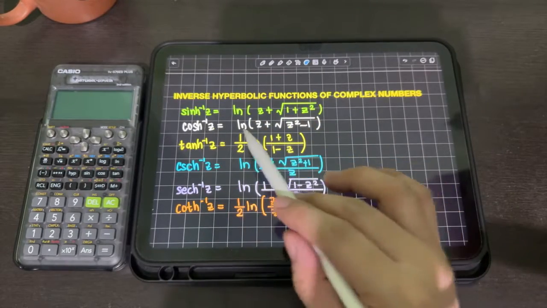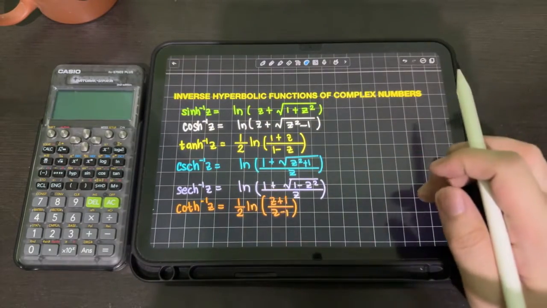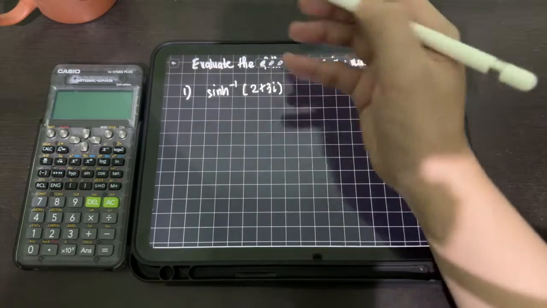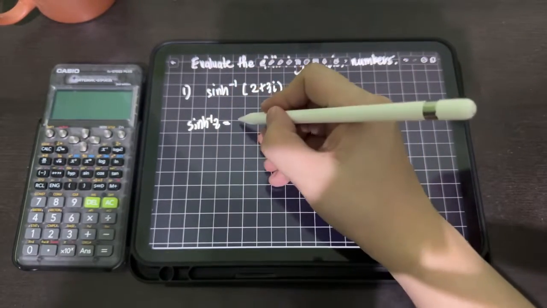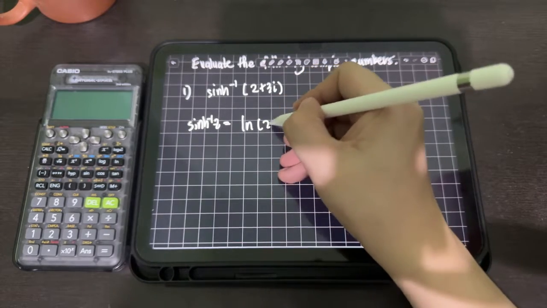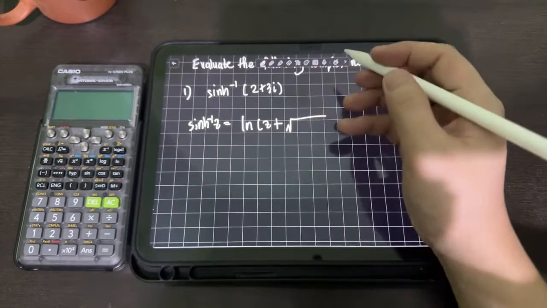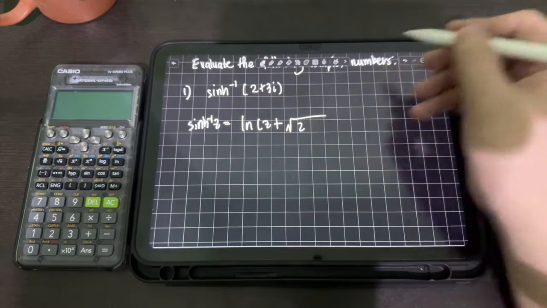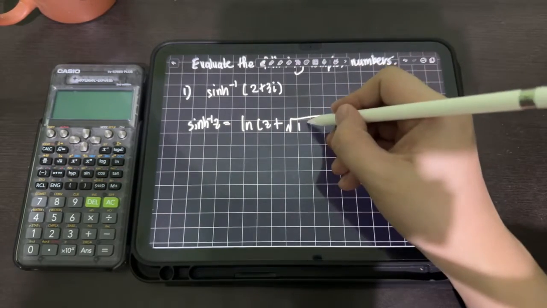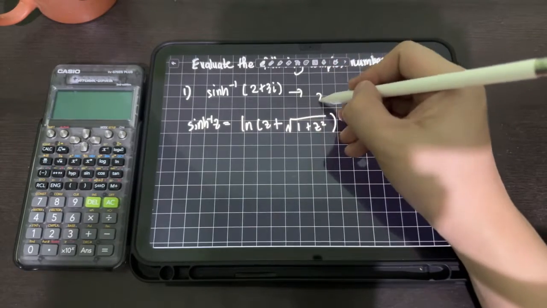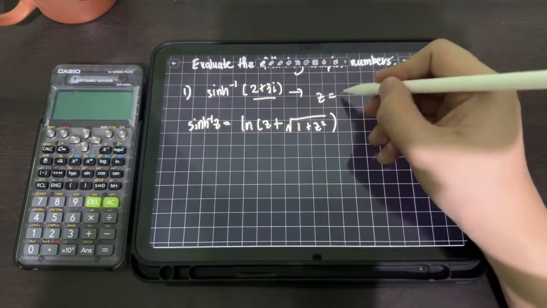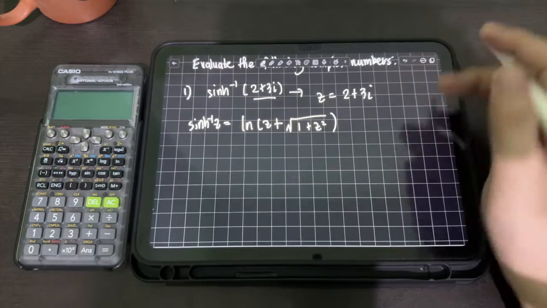Arcsinh of z is equal to ln of z plus the square root of 1 plus z squared, or it can be z squared plus 1 also, wherein your z here is this complex number 2 plus 3i.